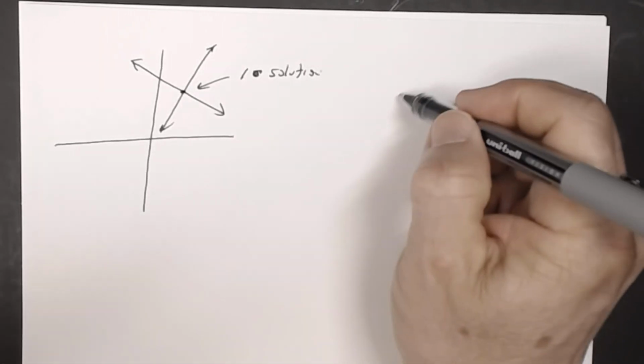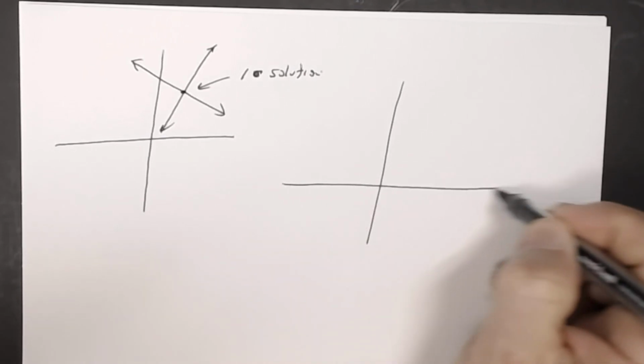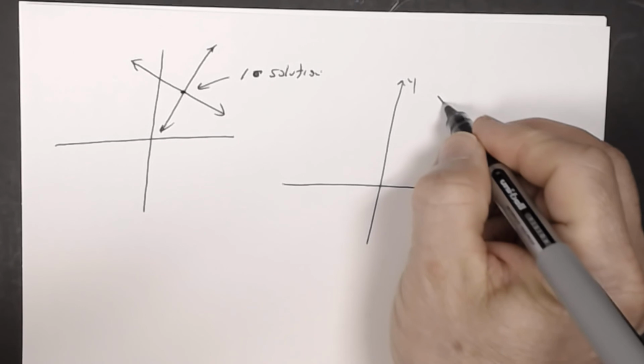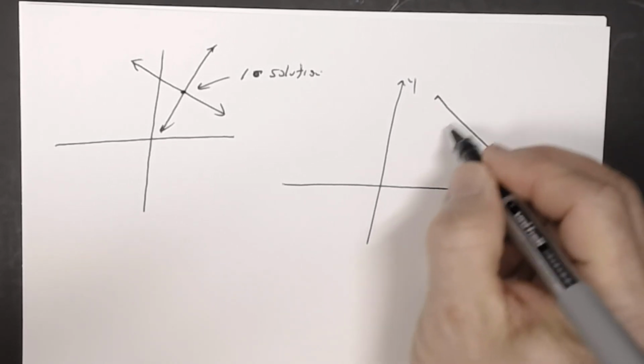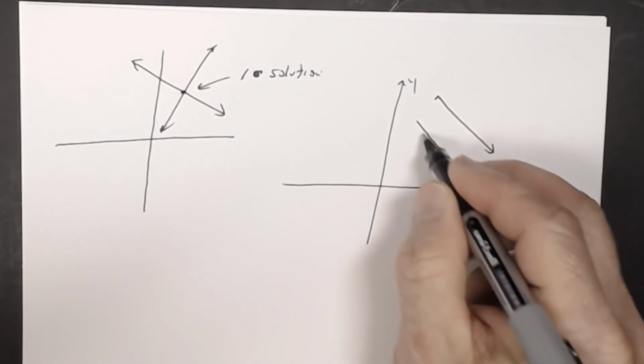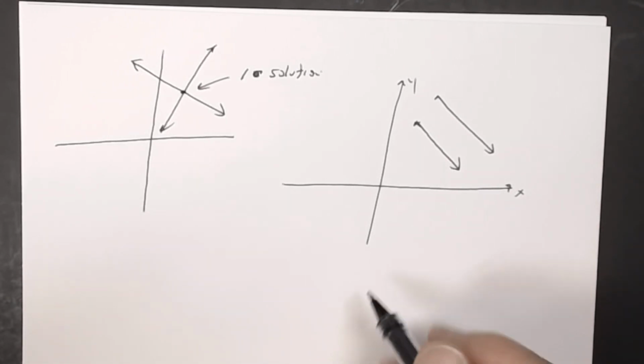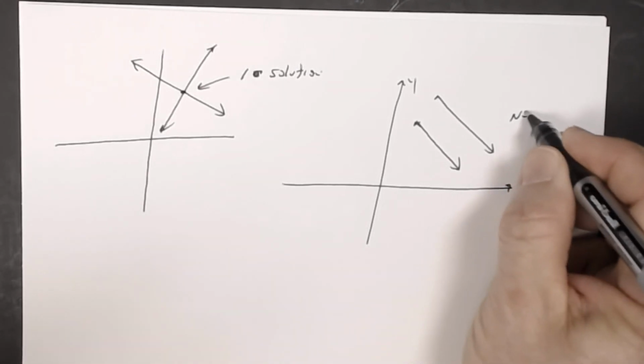Or your lines could, if this is the x-axis and this is the y-axis, be parallel, right? Your lines could be parallel. So they have the same slope, different y-intercepts. In this case, you have no solution.